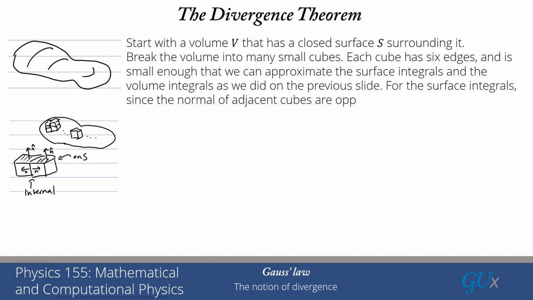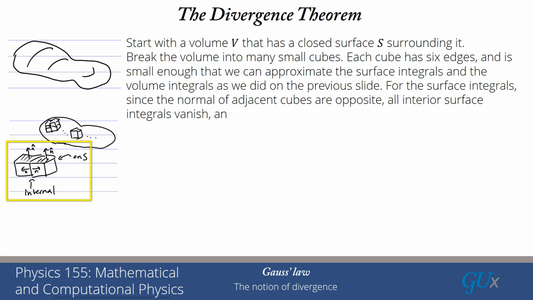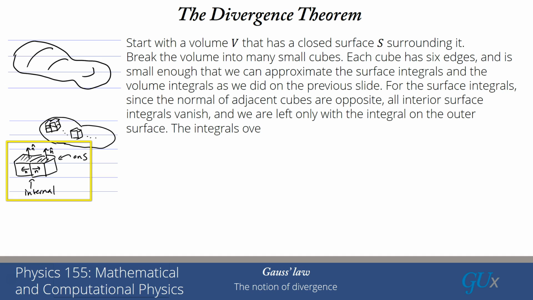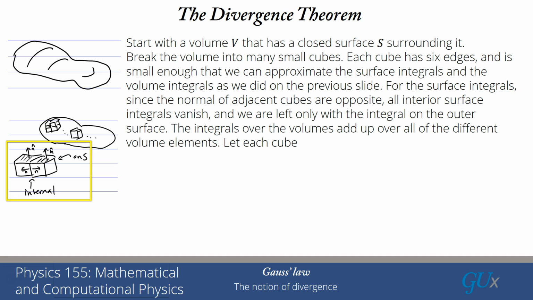Now, if we look carefully at the surface integrals, because the cubes are going to fit right next to one another, when we look at the normals of adjacent cubes, all of the internal surface integrals are going to cancel, because I'm going to have a normal vector pointing in one direction for one cube, and it'll point in the opposite direction for the adjacent cube.